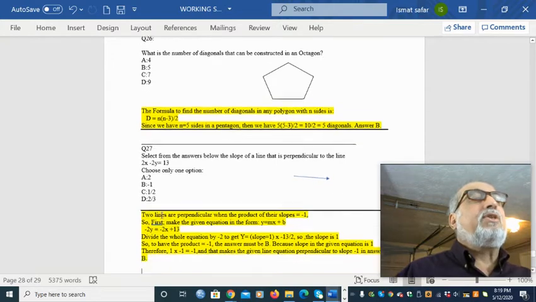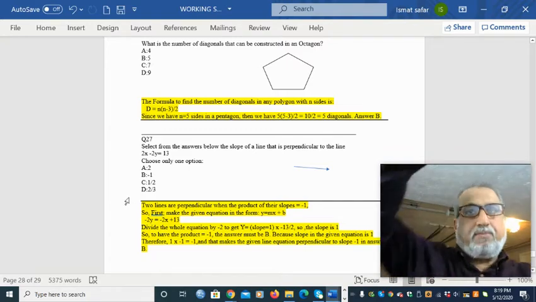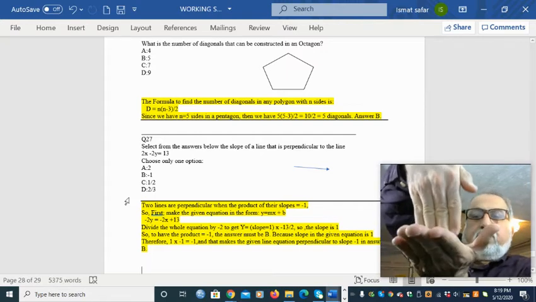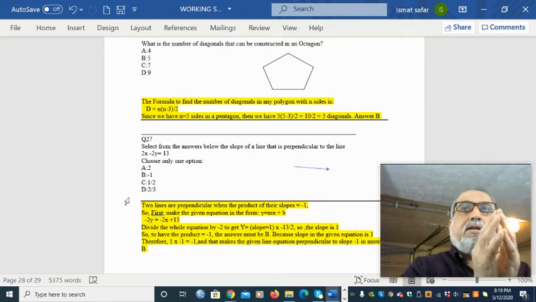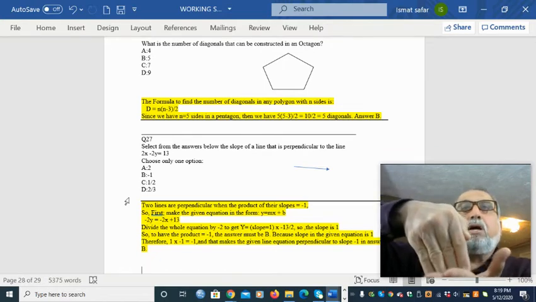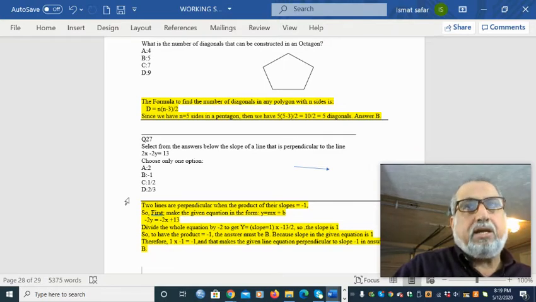Now, the mathematicians said if two lines are perpendicular, at 90 degrees, then the slope of the first line times the slope of the second line equals -1.